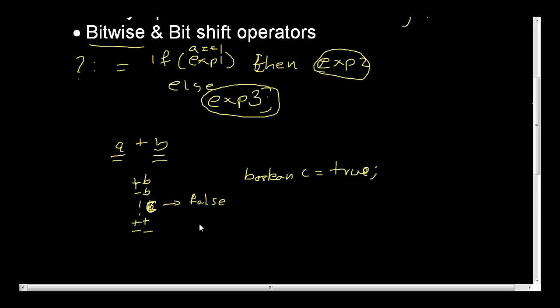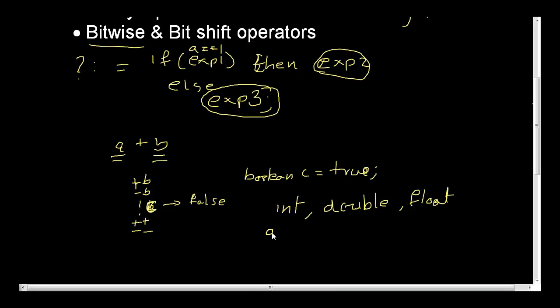Essentially, in a computer, every value is stored, be it int, double, float, in bits on the physical hardware system. So bitwise operators let you perform operations with these bits.